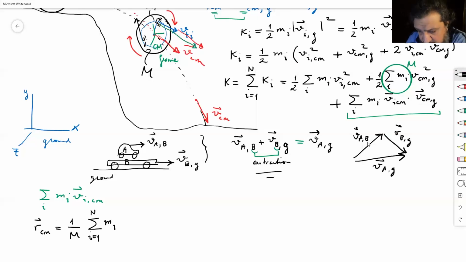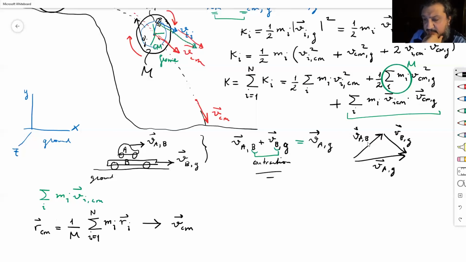You multiply each mass by its position vector. You add them up and then divide by total mass. Therefore, starting from here, you can come up with displacement in delta t time, and then take the ratio, find average velocities, and then take delta t to 0, consider the limit, or take the derivative in other words, and you come up with the center of mass velocity, right?